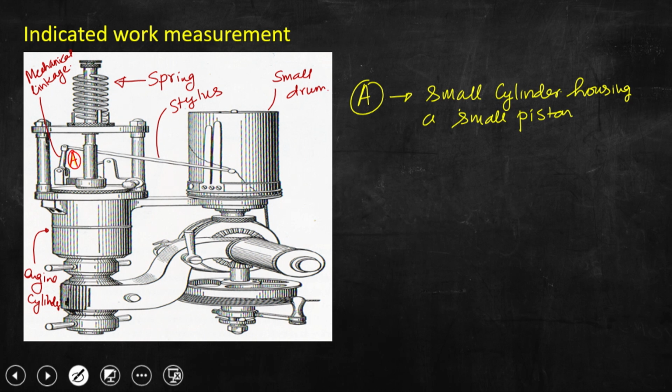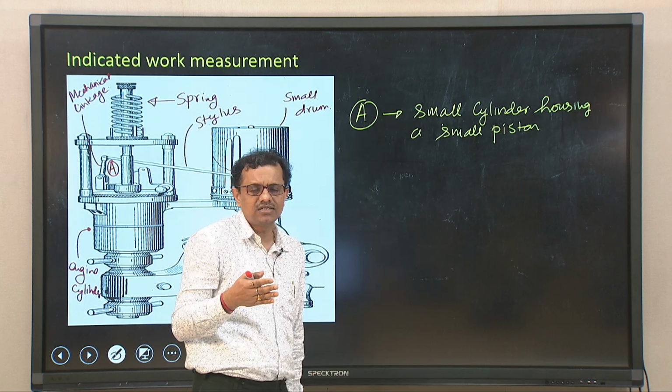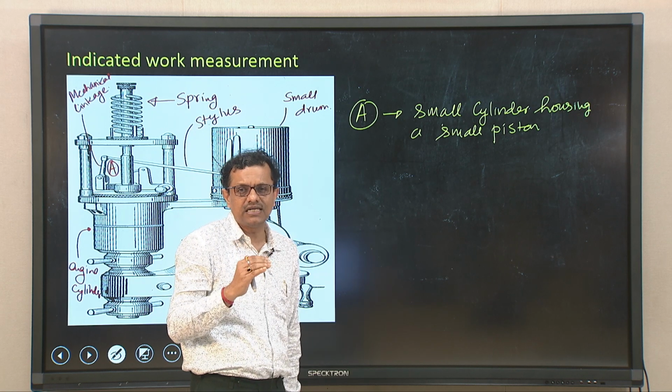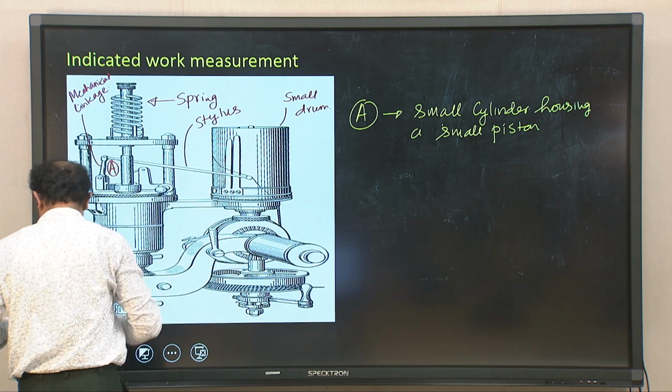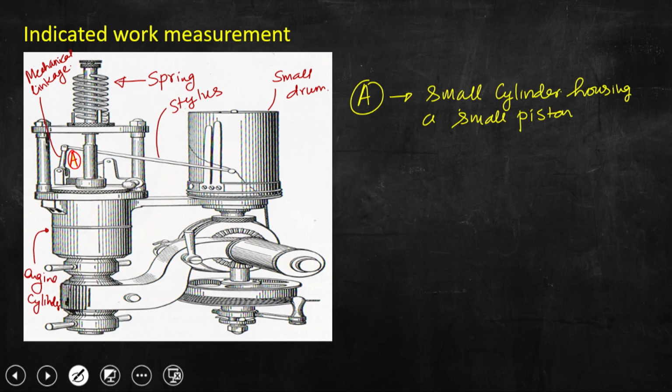So, the small piston will have reciprocating motion, to and fro motion between two locations, inside the small cylinder, connected to the spring, against some forces.